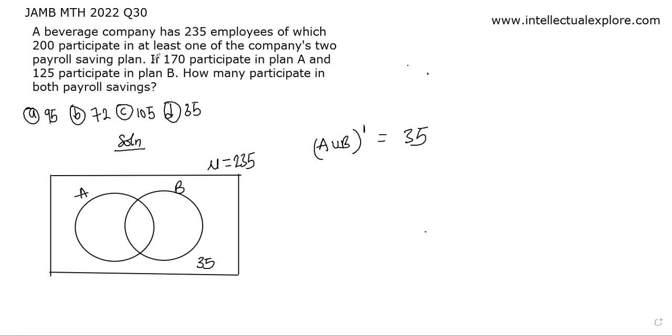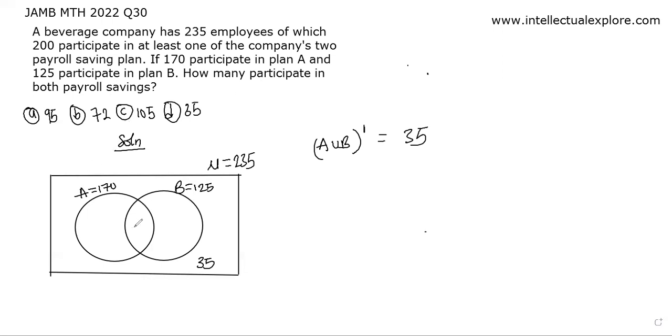So the next part here is if 170 participate in plan A. Okay, plan A has 170 participants, and 125 participate in plan B. Plan B has 125 participants. How many participate in both payroll savings?